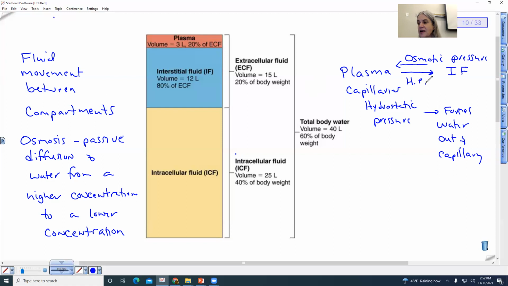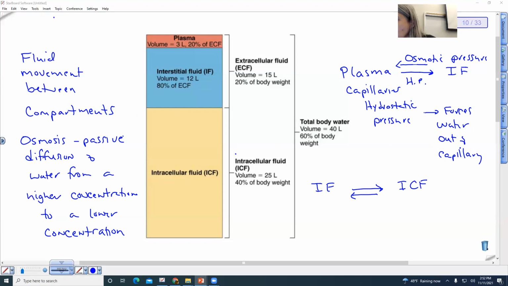Now, when we're talking about the extracellular fluid, specifically the IF, the interstitial fluid, and the intracellular fluid, we can talk about from the IF to the ICF, and it can actually go both ways, right? So this has to do with the solute concentrations of ions, electrolytes, and non-electrolytes as they change between those compartments.